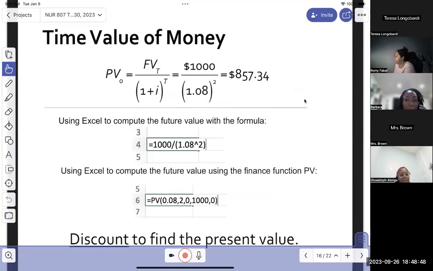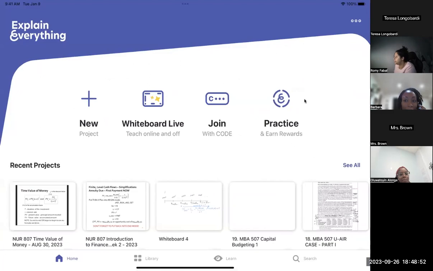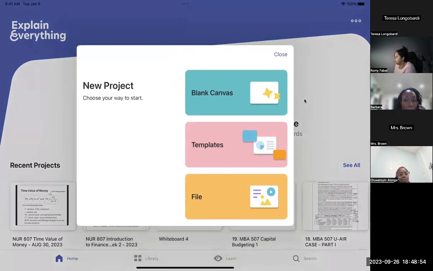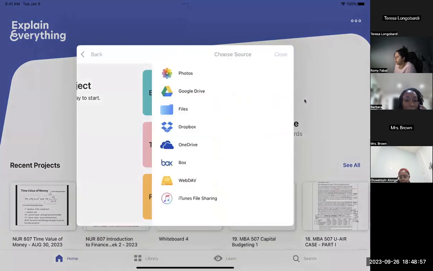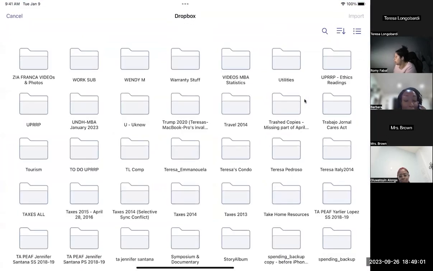This is before we did the annuities. I've got to find the file.